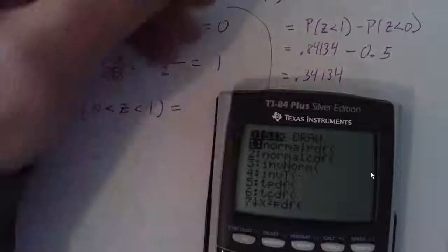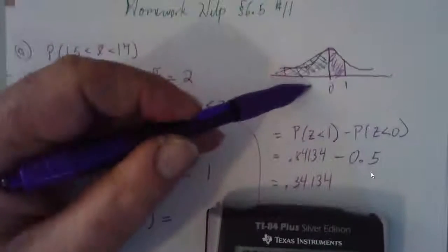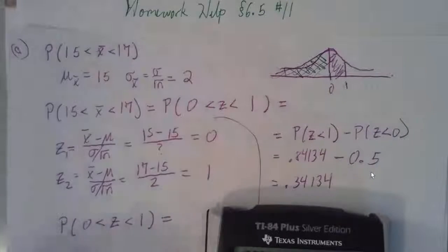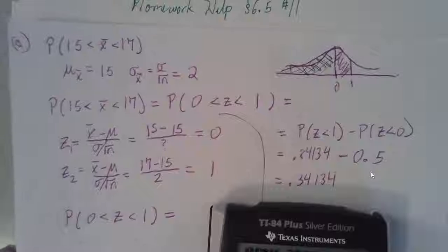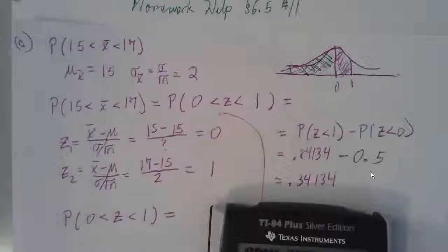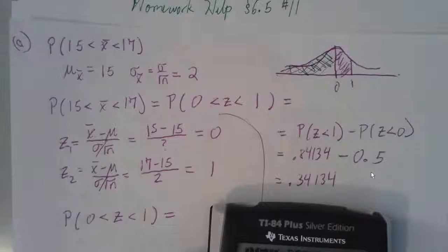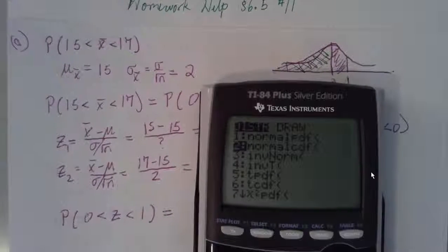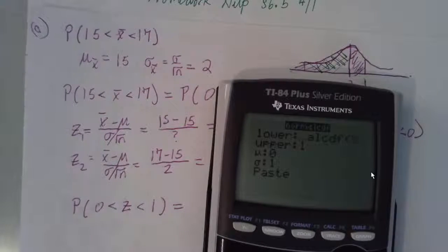What that's telling you is how tall that z curve is at any particular point. That's not of much interest to us. There are some things that you can do where the PDF is of interest, but that really just doesn't come up in this course. So we're going to be looking at the normal CDF.